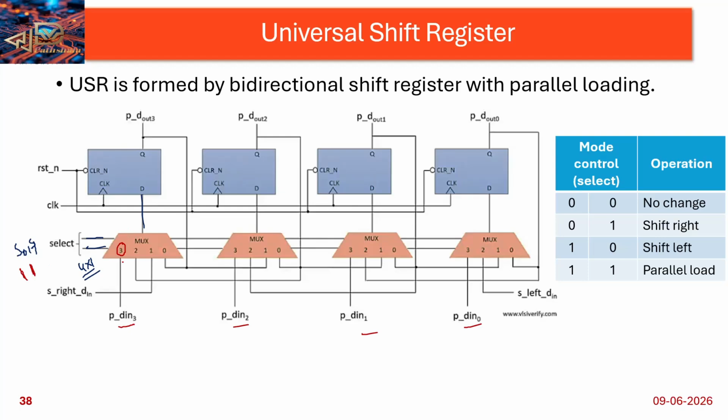That means whatever the data I am giving here, every time the data will be coming here, and then data output is coming here. So the data will be loaded to D, and then data is coming out from the output. That is parallel load operation. Okay, so parallel load operation means parallel in parallel out.